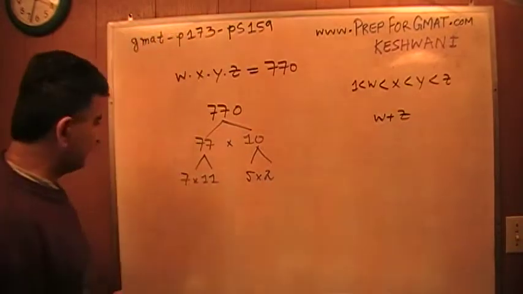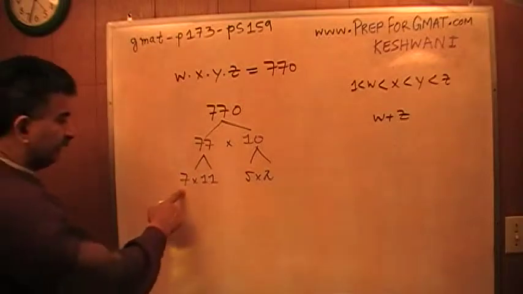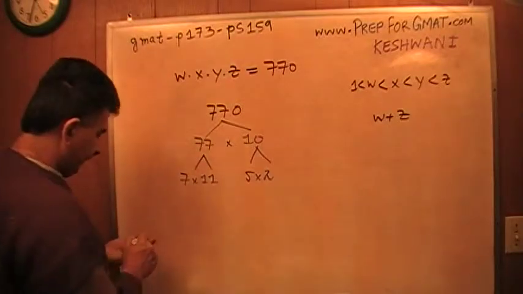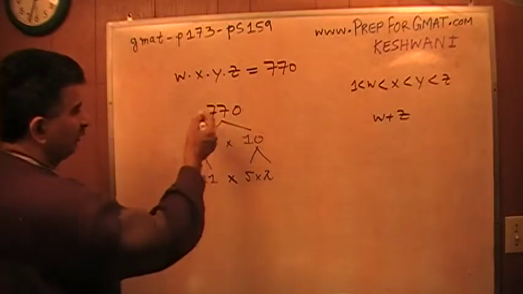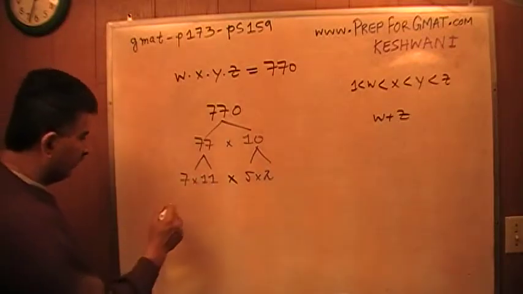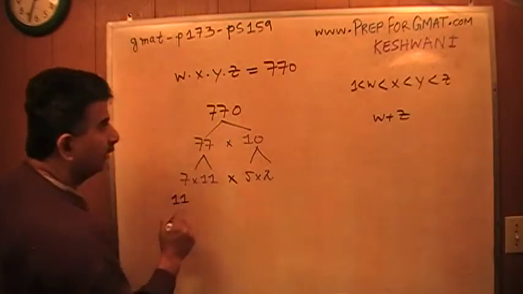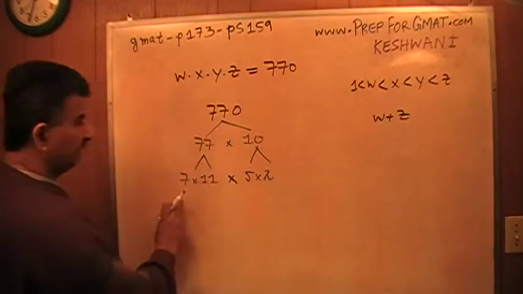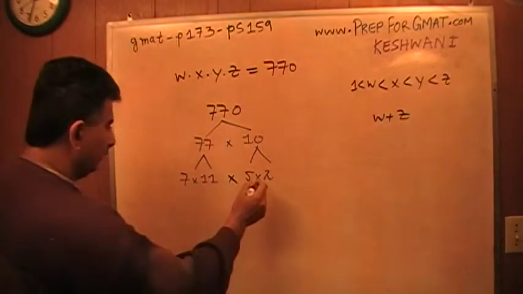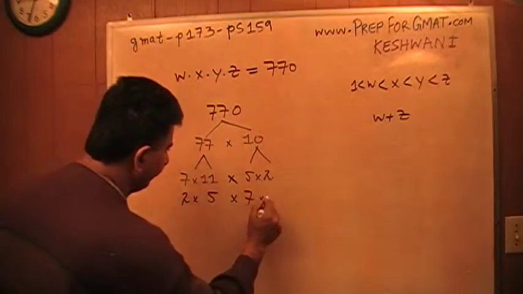So we're almost done. Let's arrange them in order. In other words, 7 times 11 times 5 times 2 has to equal 770. Let me start with the smallest one: 2 times 5 times 7 times 11.